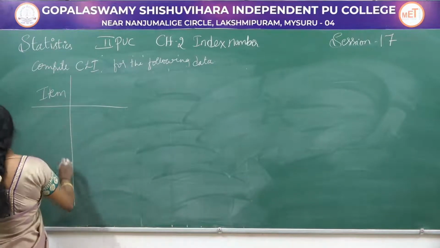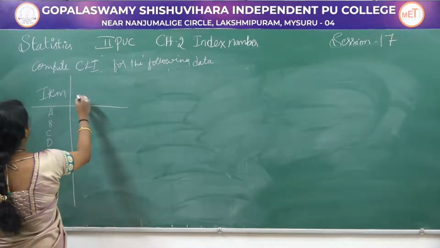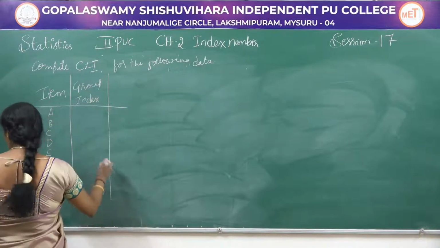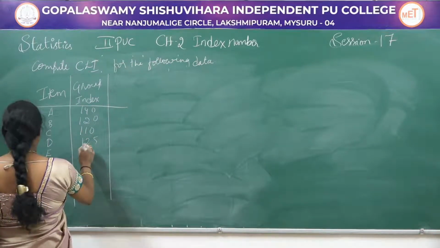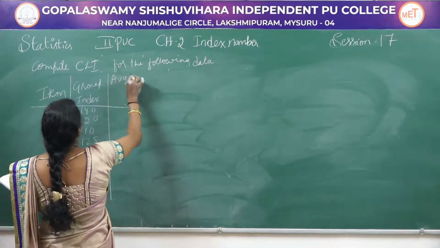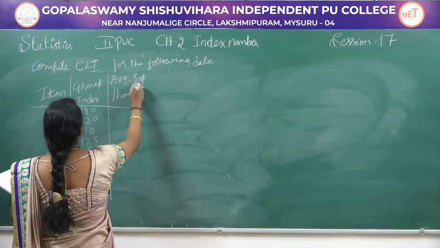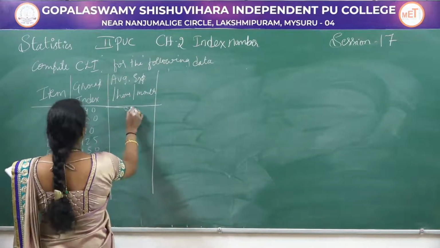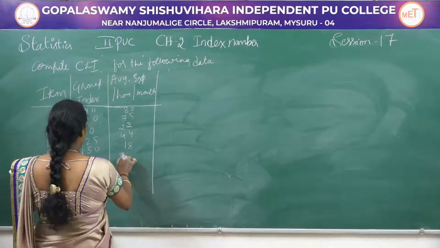Items A, B, C, D, E and F. Next it is group index: 140, 120, 110, 125, 150, 135. Next, average expenditure per hour per month. It is 80, 75, 22, 44, 18, 74.